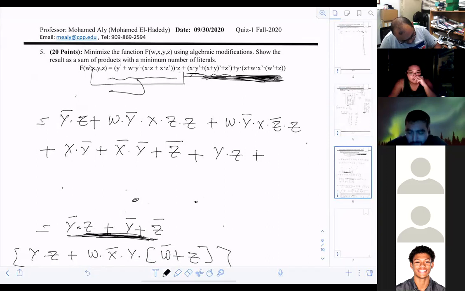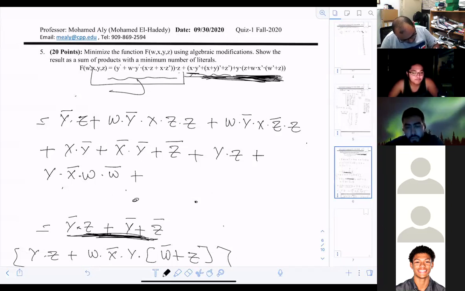So it's going to be here plus Y, X complement, right? Y, X complement, W, W complement, correct? Then they're going to be Y, W, X complement, Z.